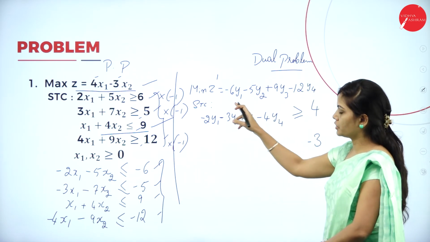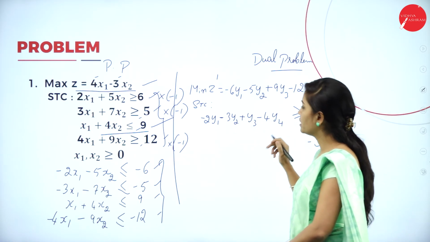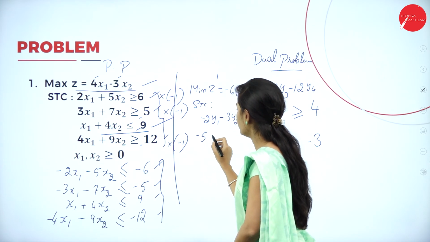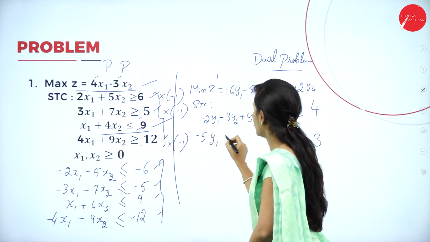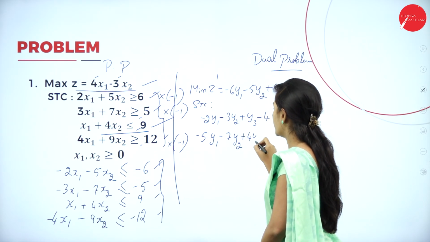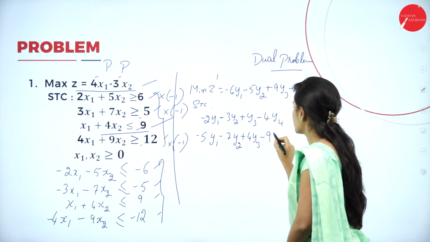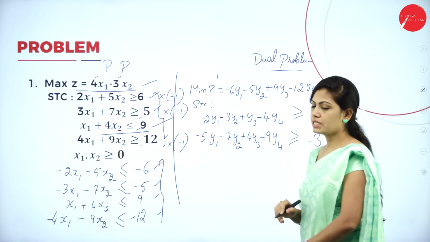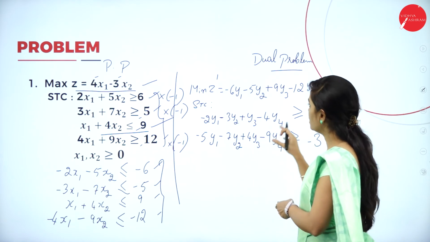It is minimization, so it should be greater than or equal to. And minus 5y1 minus 7y2 plus 4y3 and minus 9y4 greater than or equal to minus 3. Now it is in dual form.